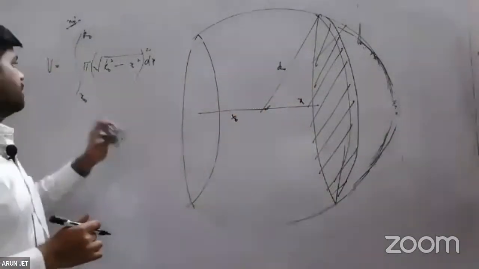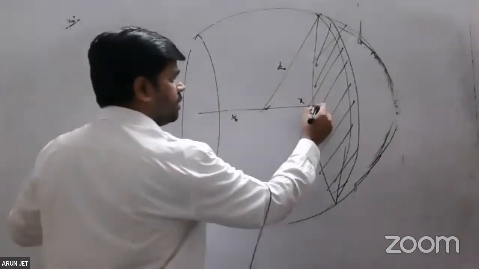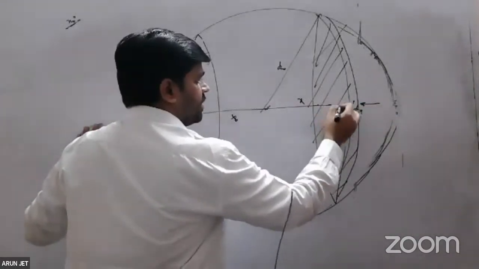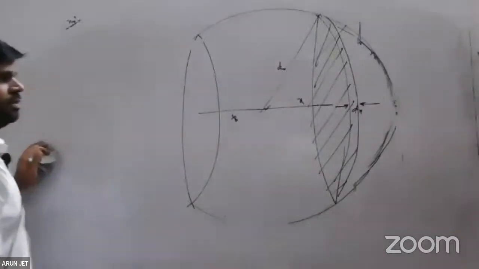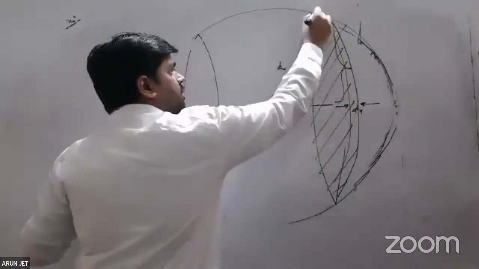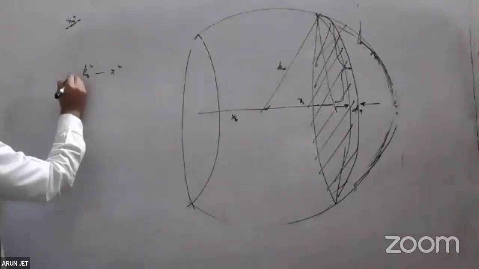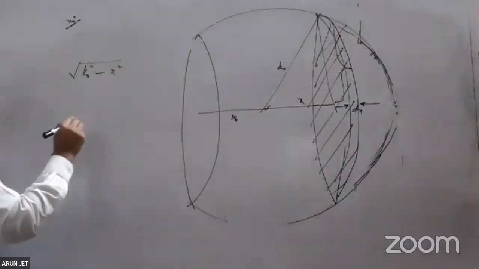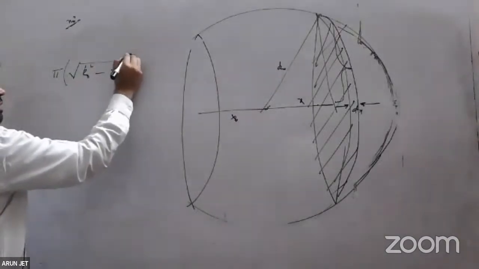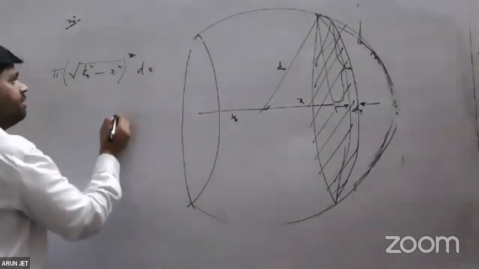I want to write the volume of the disc. So at a distance x, I've taken a width dx. What is the radius of this one? Square root of r square minus x square is my radius of the disc. Yes, sir. Pi into this square, pi radius square, is my area of the disc, into dx will give me the volume of the disc.